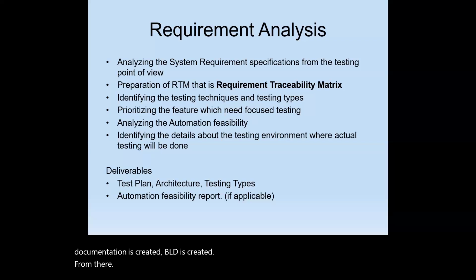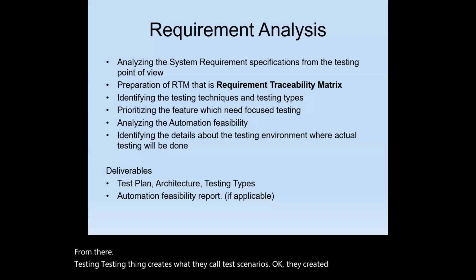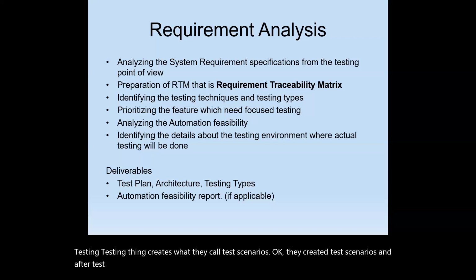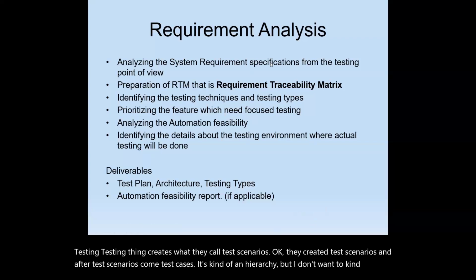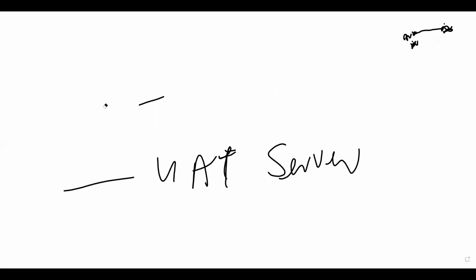the testing team creates what they call test scenarios. They create test scenarios, and after test scenarios come test cases. It's kind of a hierarchy, and I'm going to break it down in the next discussion. But I just want to give a high level of what requirement traceability is all about.